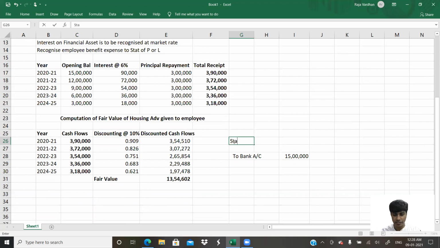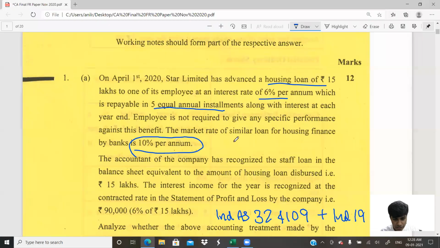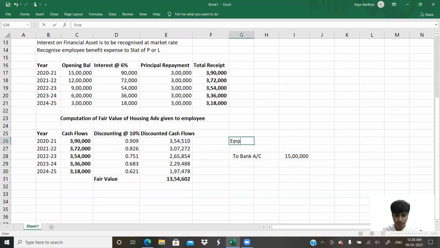I'll write it as staff advance, employee advance. Employee advance account debit. How much is my employee advance?